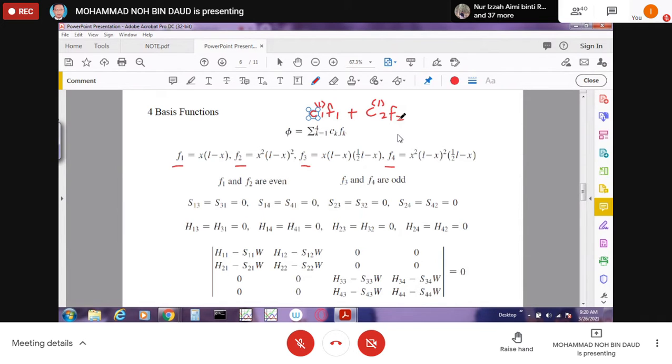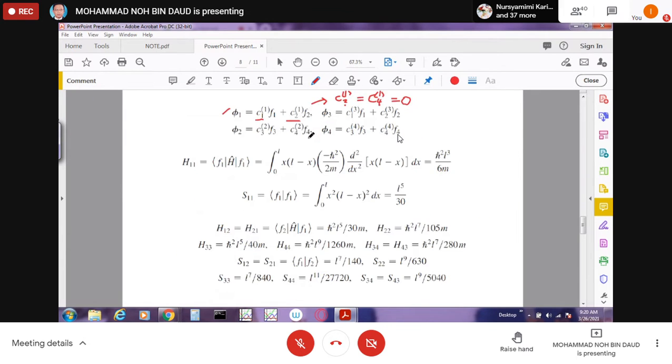So this is one of the trial functions, the guess function we want to determine. This trial function contains F1 and F2 only, because C1 and C2 here are non-zero.